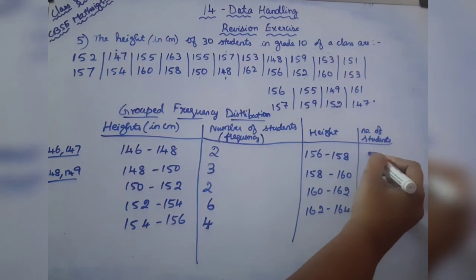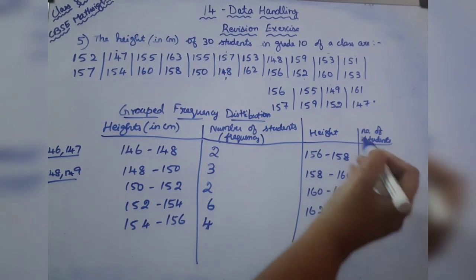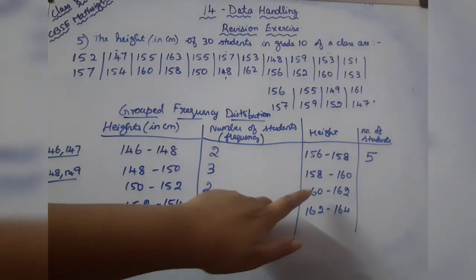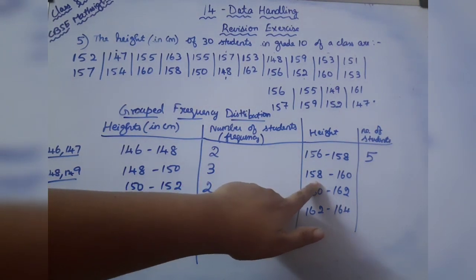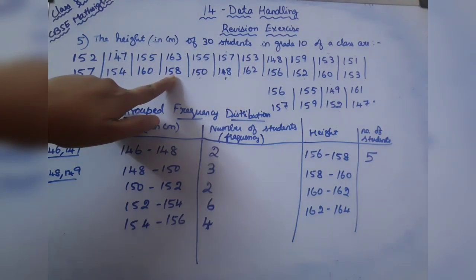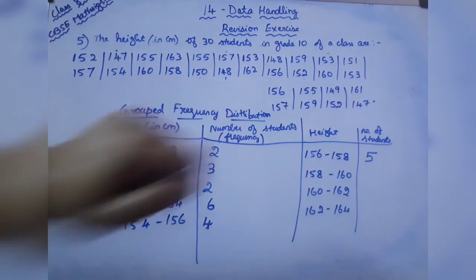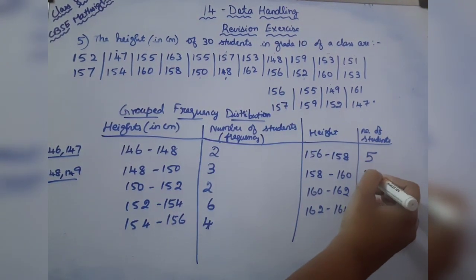The next is 158 to 160, which is 158 and 159. I am going to take 158 and 159: 1, 2, 3. So we have 3 values under 158 and 159.